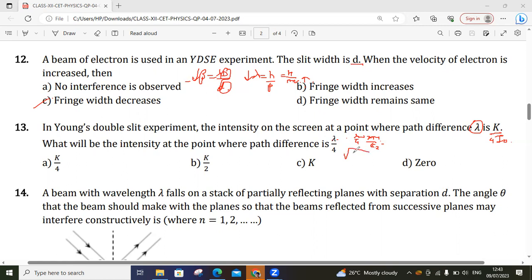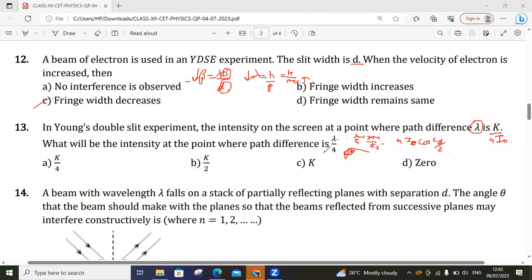It is 4 I naught cos square phi by 2. So if phi is pi by 2, then phi by 2 is pi by 4, and cos pi by 4 is 1 by root 2. 1 by root 2 whole square is 1 by 2.